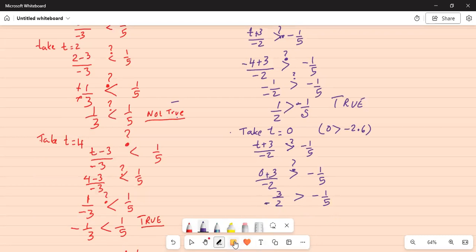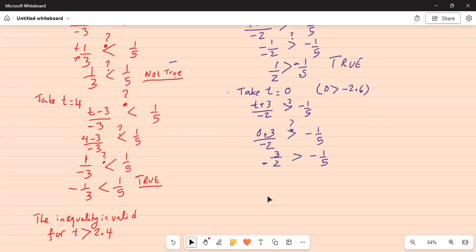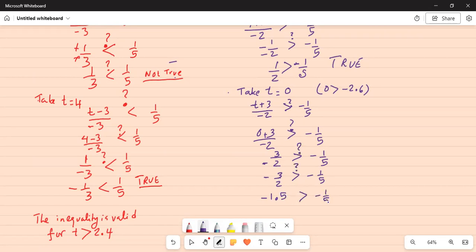So if I move it up a little bit. This side is minus 3 by 2 greater than minus 1/5. Minus 3 by 2 is minus 1.5. Is that greater than minus 1/5, which is minus 0.2?